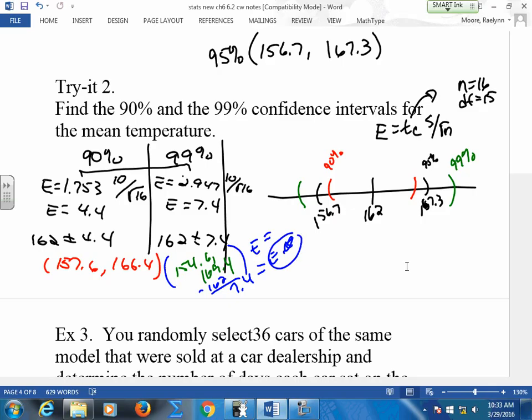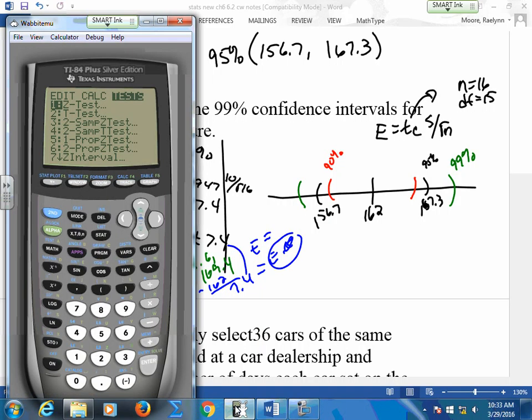So what's inverse T? Inverse T is how you can find your TC. Inverse T is here. Yeah, but you have to do it the same way. You have to say 1 minus, let's do 0.95. Which one do we have here? 99, I'll do 0.99.